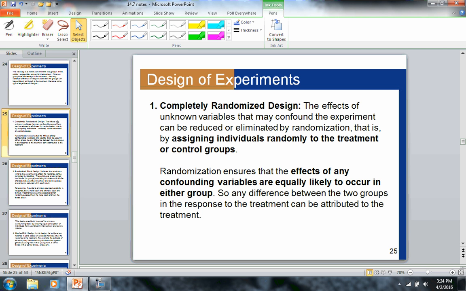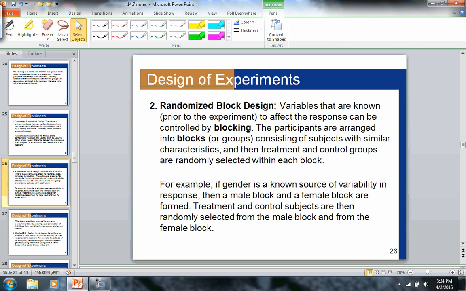So randomization ensures that the effects of any confounding variables are equally likely to occur in either group. So any difference between the two groups in the response to the treatment can be attributed to the treatment, which is what we want. So you're just going to completely randomly pick people to be in one group or the other.